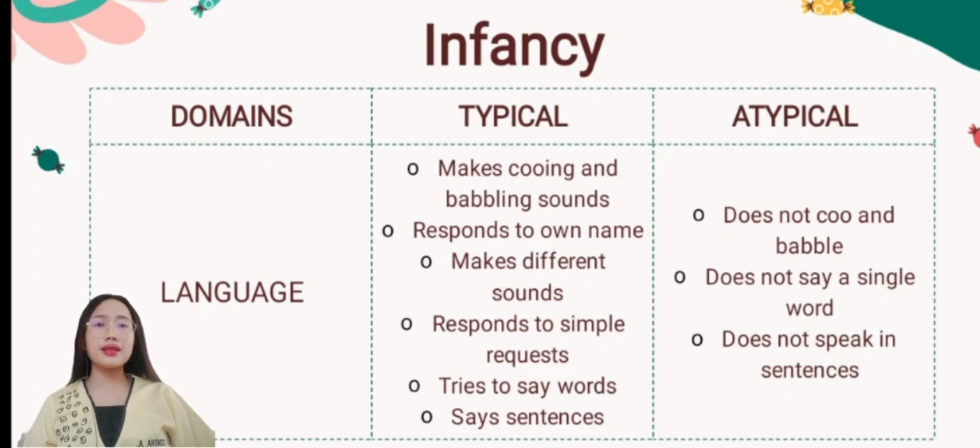Then they say sentences. In atypical, they do not coo and babble, do not say a single word, and do not speak in sentences.